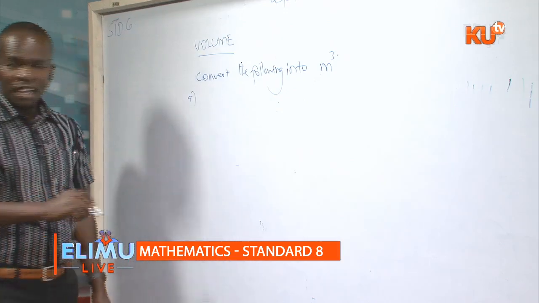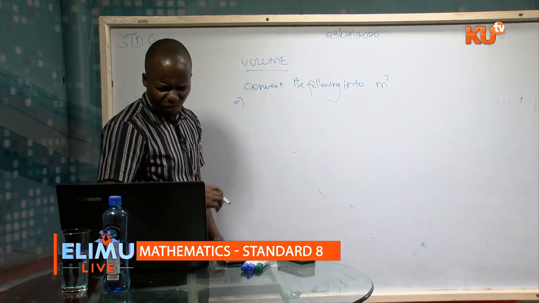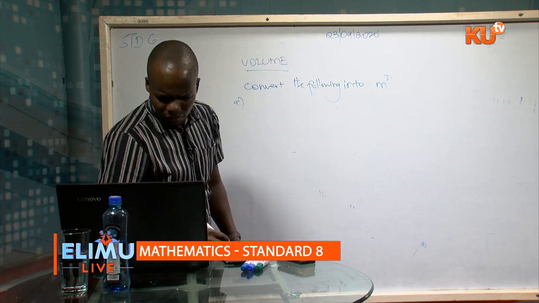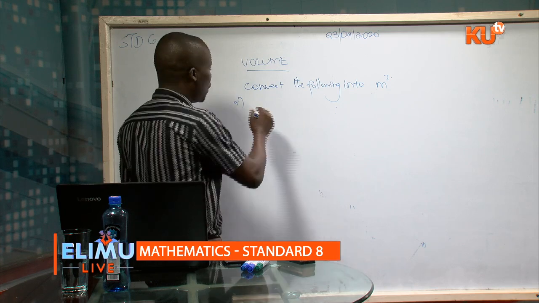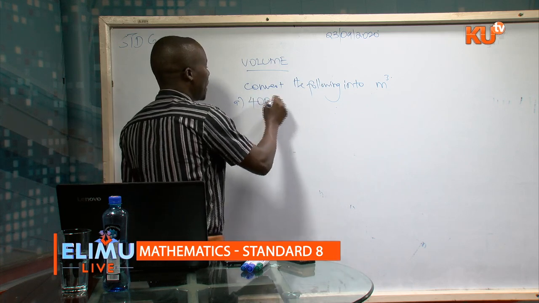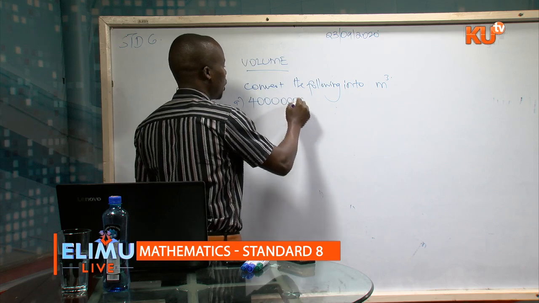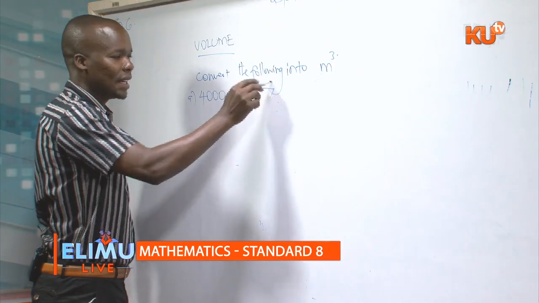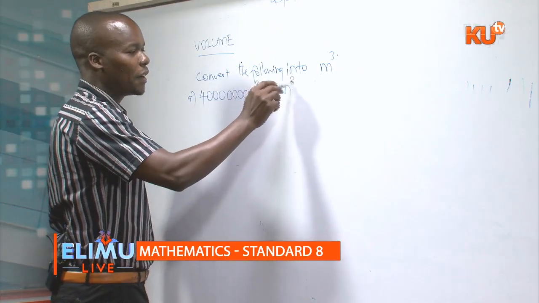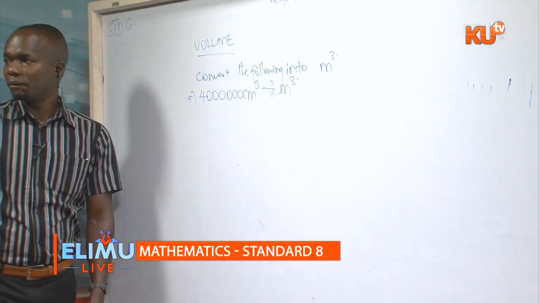You are given 4 million cubic centimeters into cubic meters.